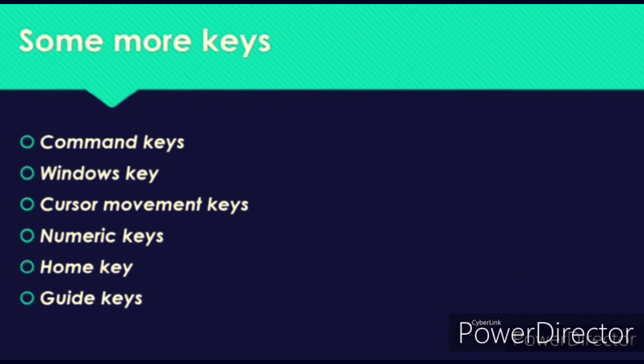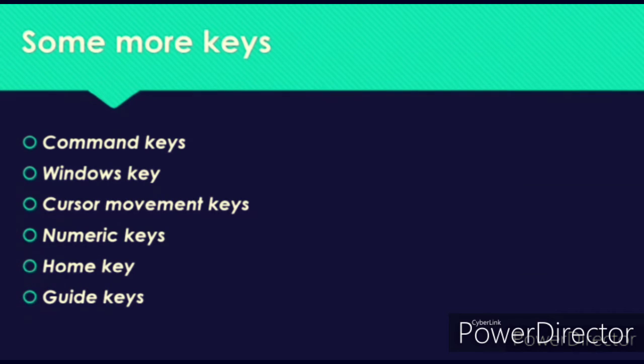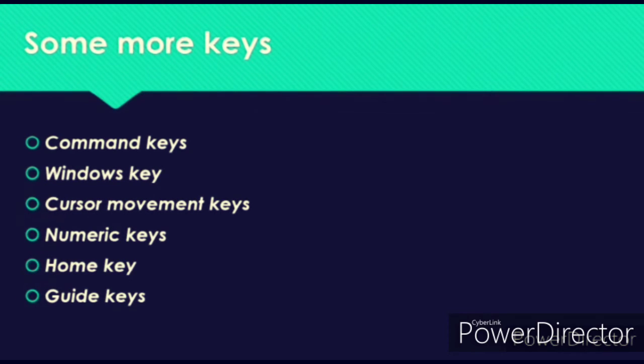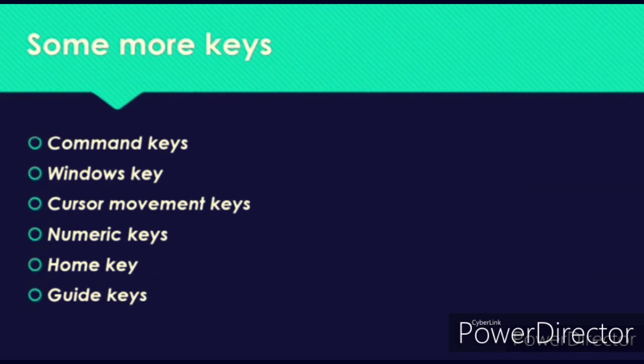Next, cursor movement keys. These keys are used to move the cursor around the screen, like up, down, left, and right. By using these keys, you can move your cursor anywhere on the screen. Next, numeric keys. As I have explained earlier, 0 to 9 are known as the number keys.